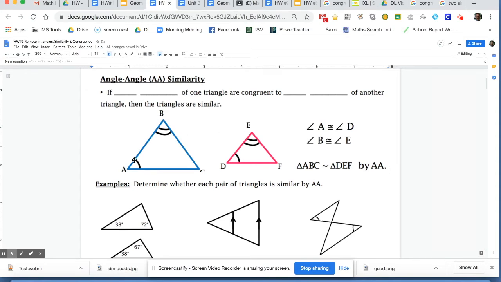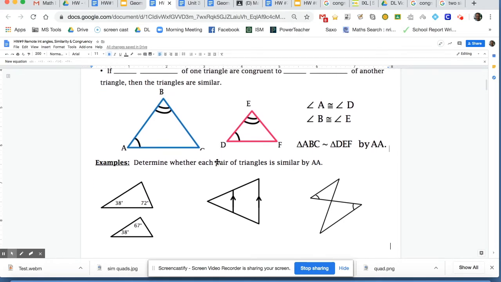But because we know that if there's two pairs of congruent angles, the third pair must also be congruent, that's enough, by the triangle sum rule. Therefore the third angle must also be the same. So triangle ABC is similar to DEF because of the angle-angle similarity postulate. We'll be using those postulates throughout this exercise.